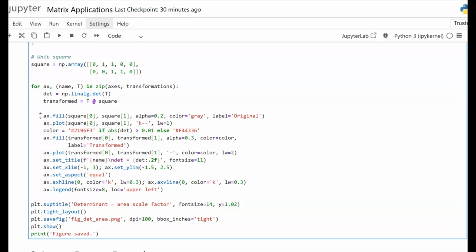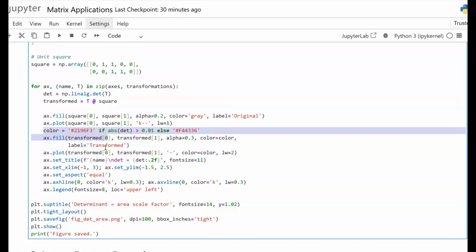And dear friends, this is the visualization logic: the original shape is a light gray color with a dashed border, and the exact transformed shape would be blue or red. Blue means non-zero determinant, where area is preserved or scaled.